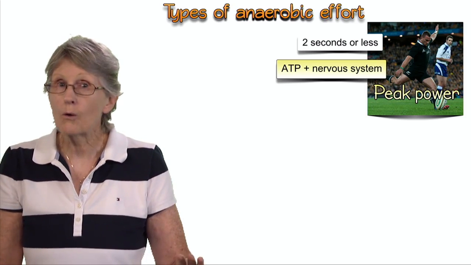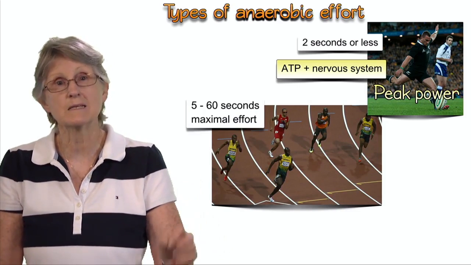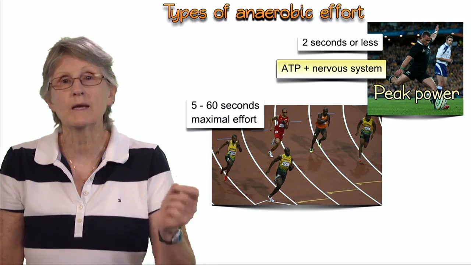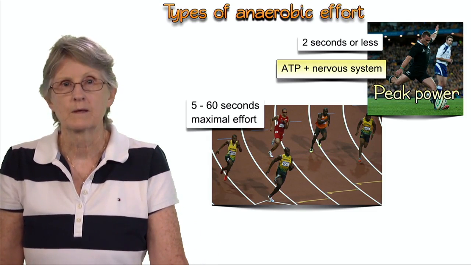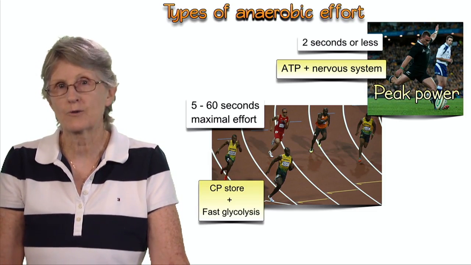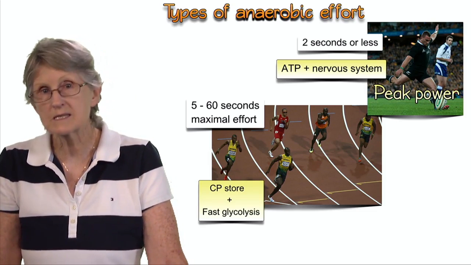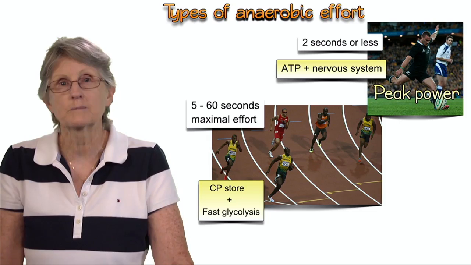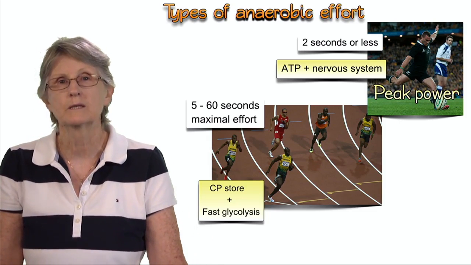Anaerobic power is also used for short-term bursts of sustained high power lasting between 5 to 60 seconds in duration. Between 2 to 6 seconds, power is largely determined by creatine phosphate metabolism, and between 6 to 60 seconds, a highly developed glycolytic energy system provides the power output.